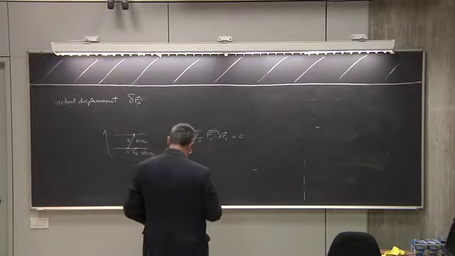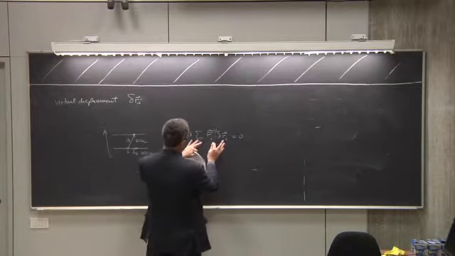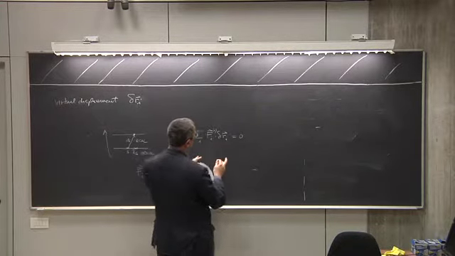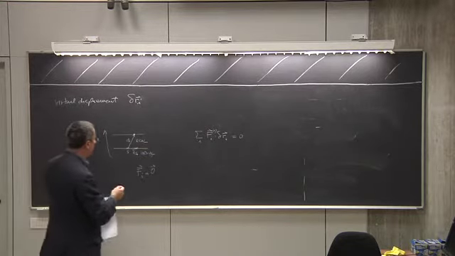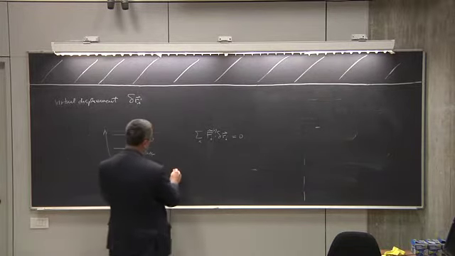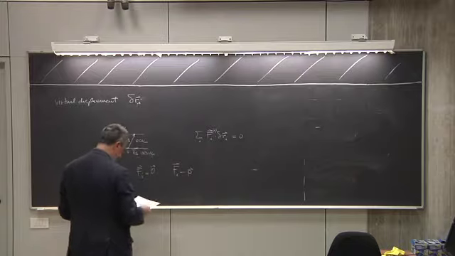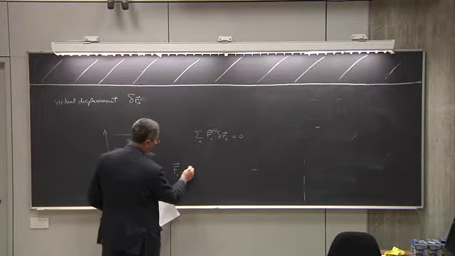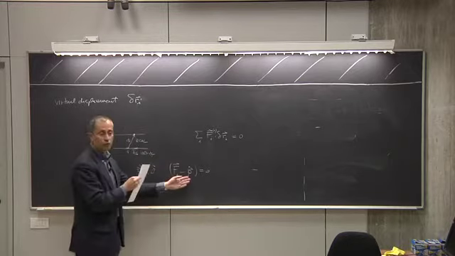And now, this was a static situation. How can I turn this equation into a dynamical equation? Well, I started from this, the static equilibrium situation, but you know that I can write this as this, right? This is true because of Newton's law.